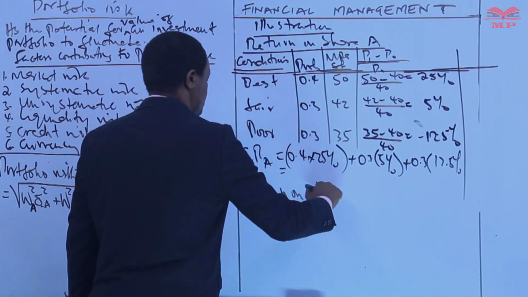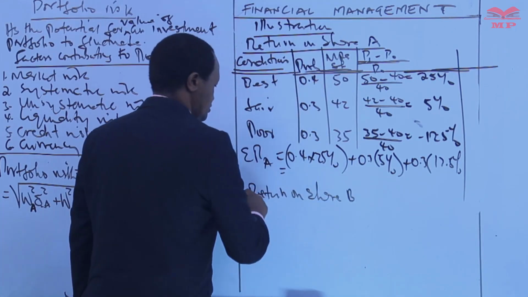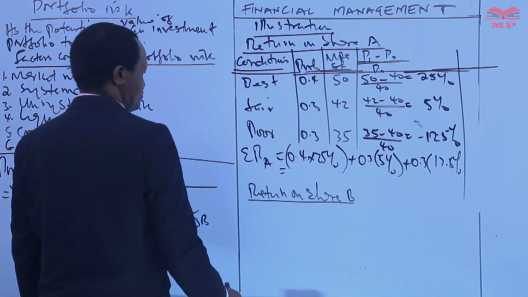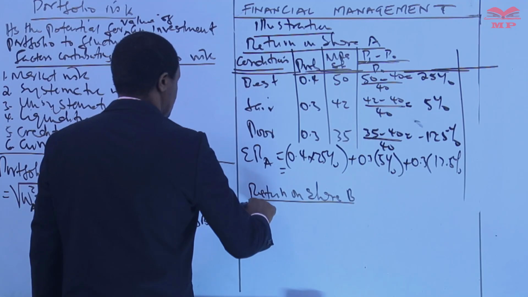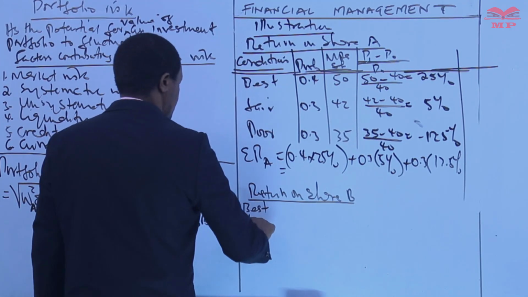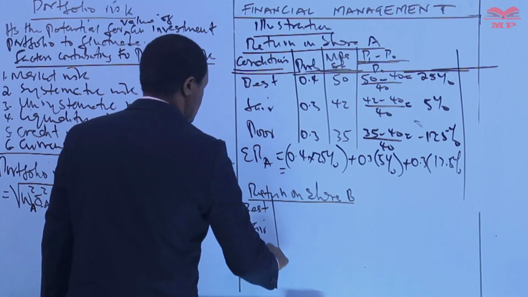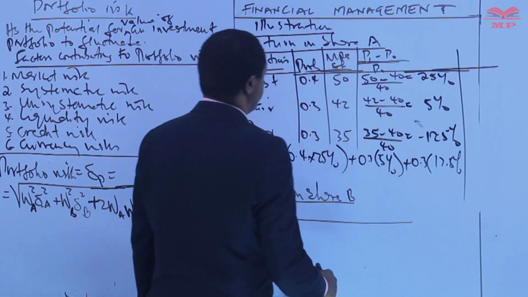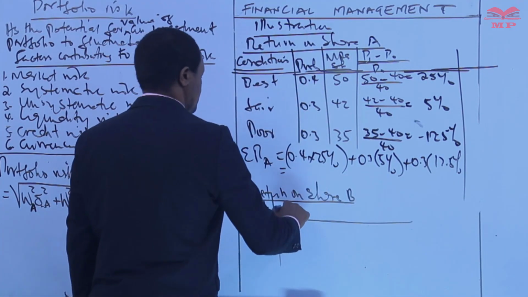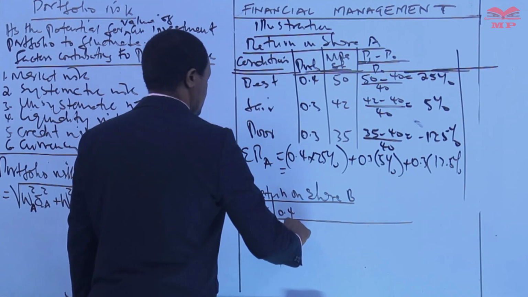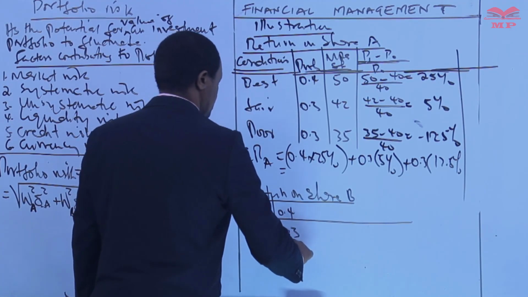on share B, we do the same. We have best, fair, and poor. Probability 0.4, 0.3, 0.3.